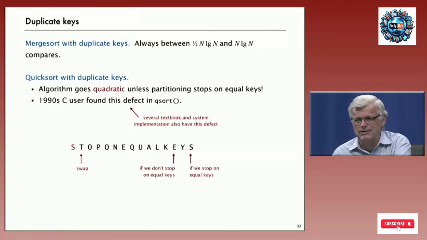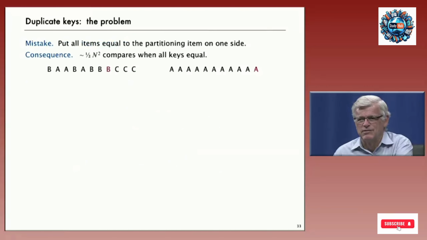And it was actually found by an applications user. And that's the standard quicksort that was in almost all the textbooks. If you did not stop the partitioning on equal keys, it would run in quadratic time. So we want to do better than this.